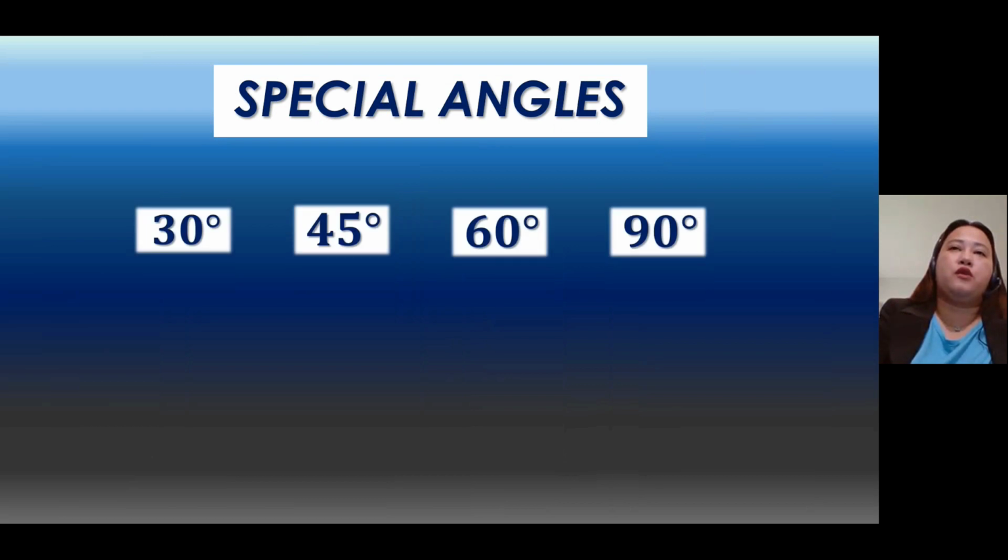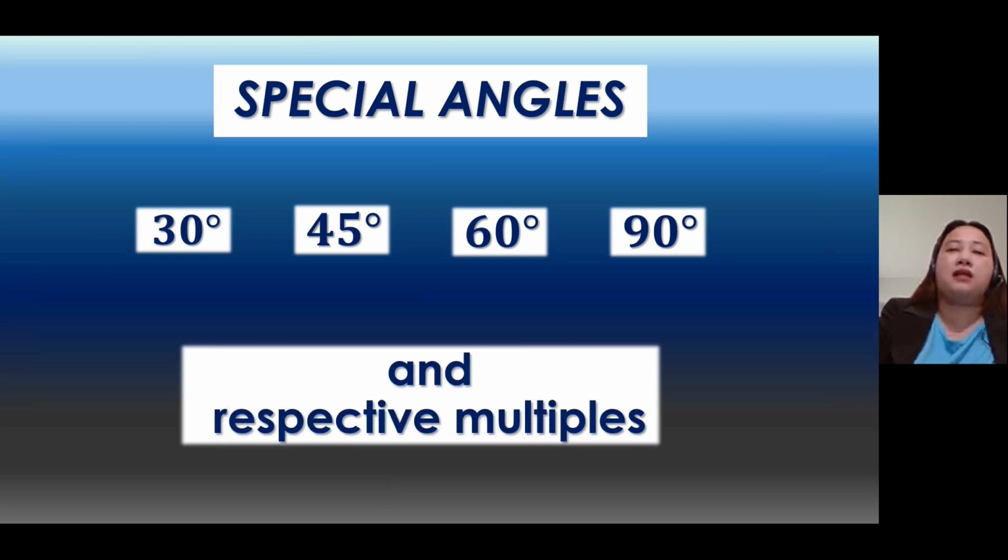So this is to show you on the next slide the special angles. For the special angles, we have 30 degrees, 45 degrees, 60 degrees, 90 degrees, and their respective multiples.